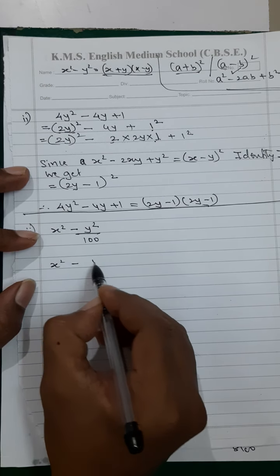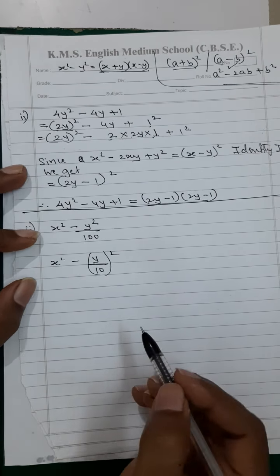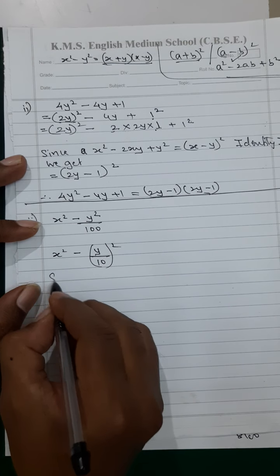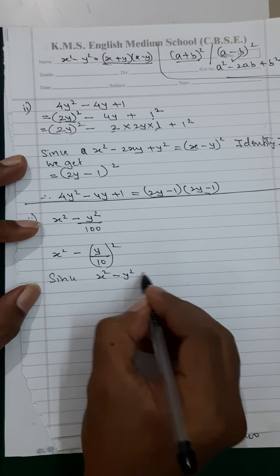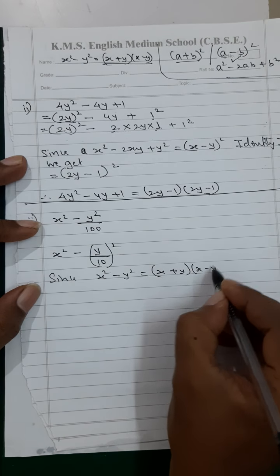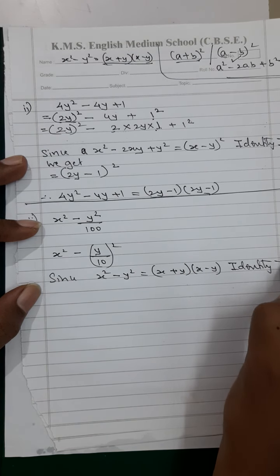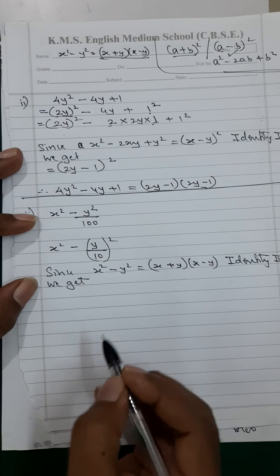For that, what you will do is equal to x square minus y upon 10 the whole square. Now you can write, since x square minus y square is equal to x plus y into x minus y, that is identity 3. We get, what do we get?